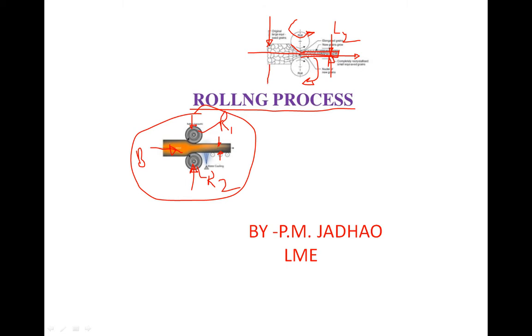Suppose the width at the beginning is L1; at the end you get L2, and there is a large reduction in the width of the billet or workpiece. So that is the rolling process.